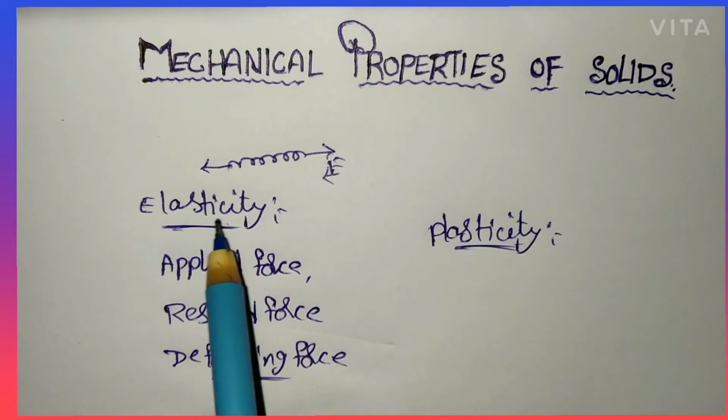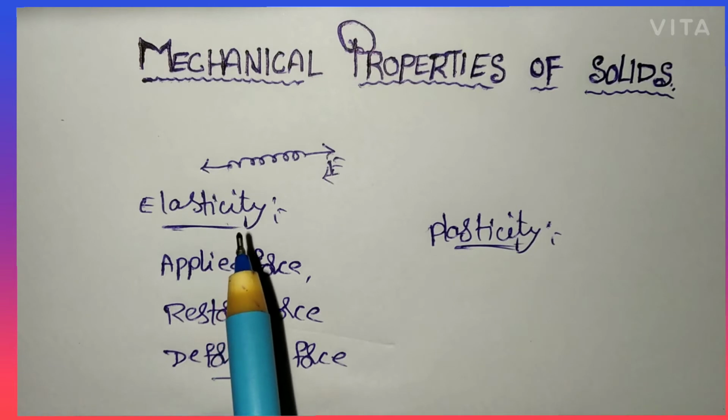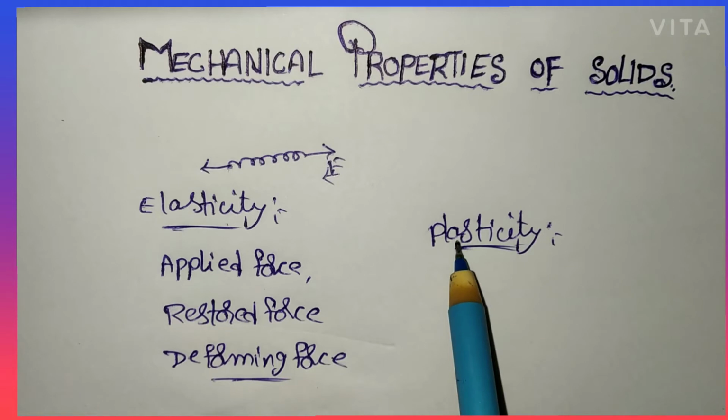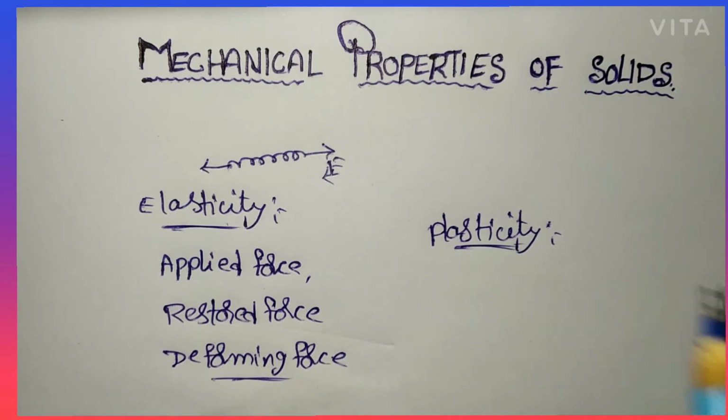But elasticity regains its original shape and size, while plasticity does not. Suppose you apply force to clay, it does not regain its previous shape and gets permanently deformed.